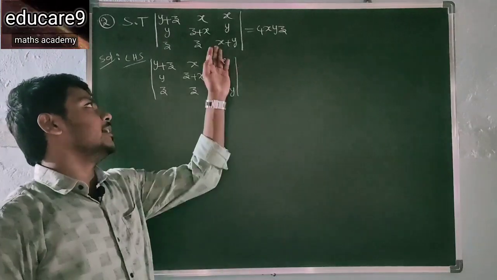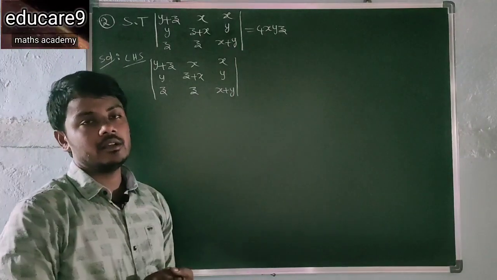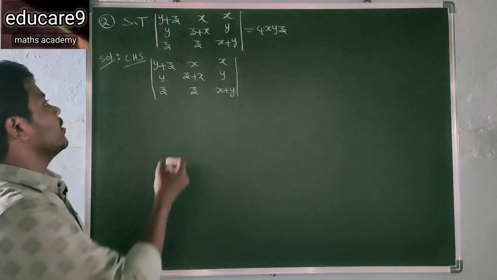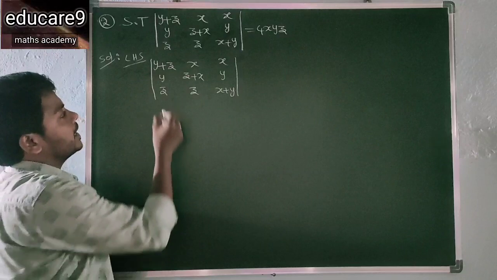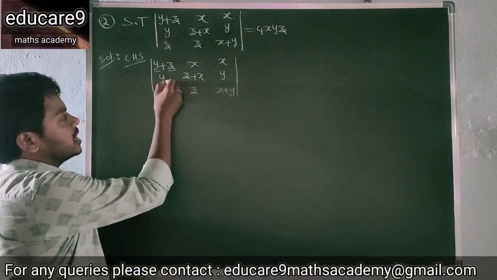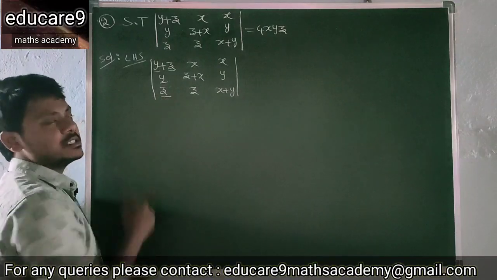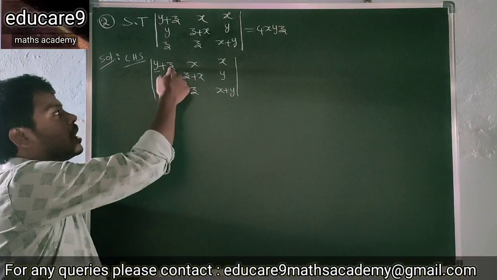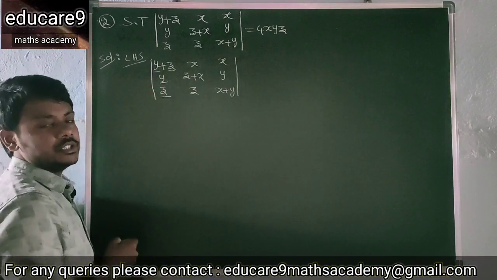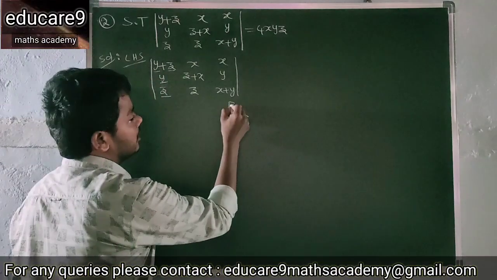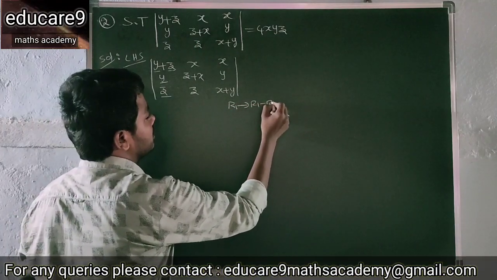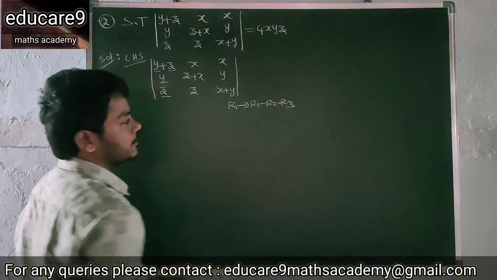Show that this determinant is 4xyz. So for that, consider the LHS value. See here, the first row first element is y plus z, and the second row first element is y and the third row first element is z. So clearly if you do R1 minus R2 minus R3, then you will get 0 here. So R1 implies R1 minus R2 minus R3.